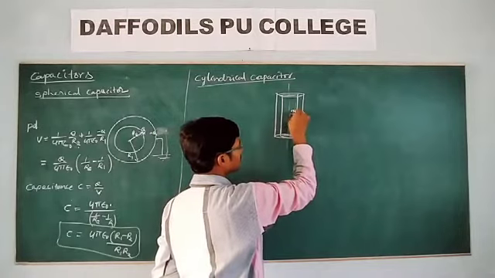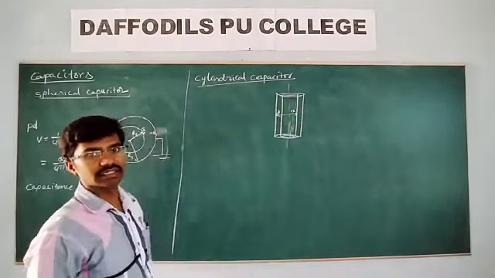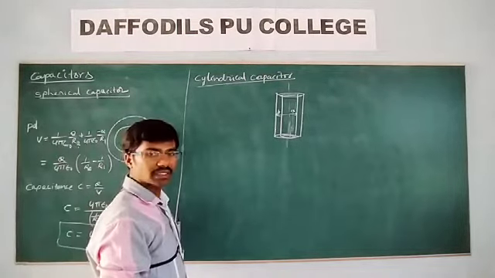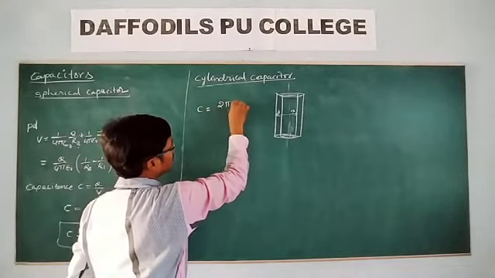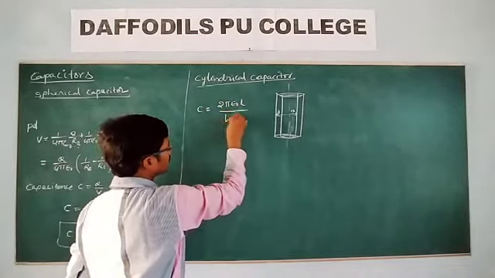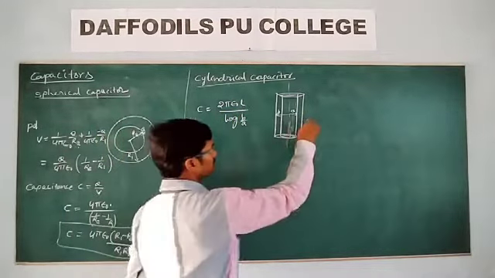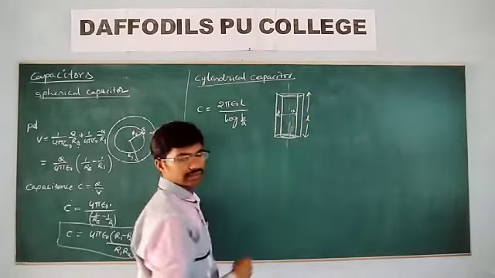If the radius of the inner cylinder is A and the radius of the outer cylinder is B, then what is the capacitance of this one? C is equal to 2 pi epsilon naught L by log B by A, where L is the length of the cylinder.